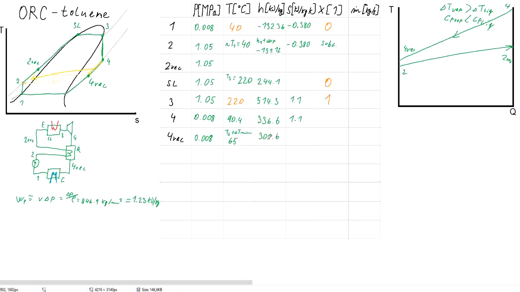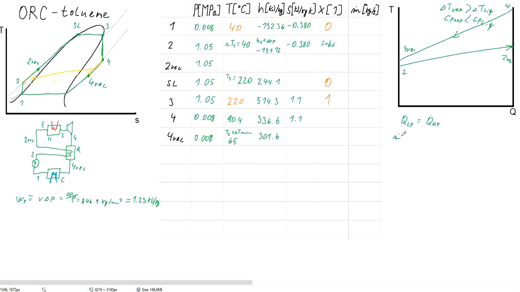So now the enthalpy difference 3 to 4 recuperated needs to be same as the enthalpy difference between 2 and 2 recuperated, because it's the heat exchanger where the transferred heat is the same. So transferred heat at low pressure is transferred heat at high pressure.